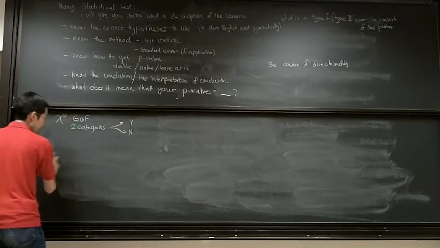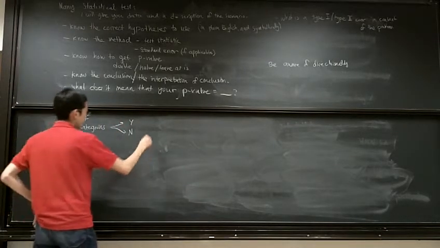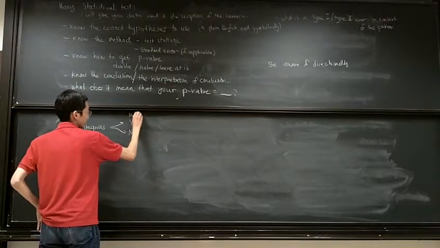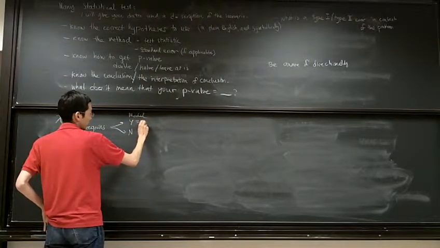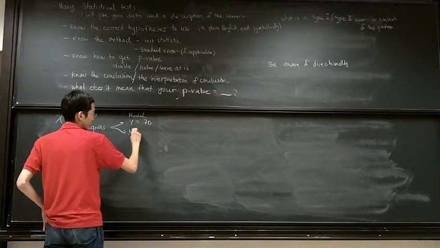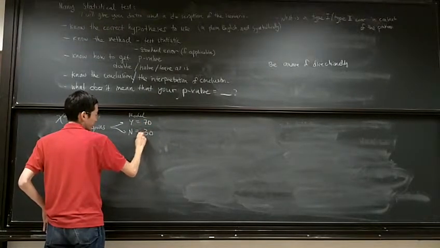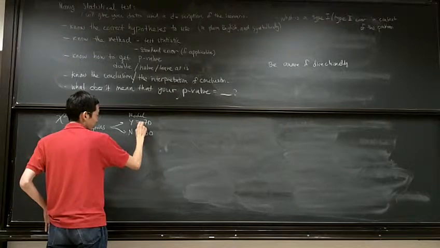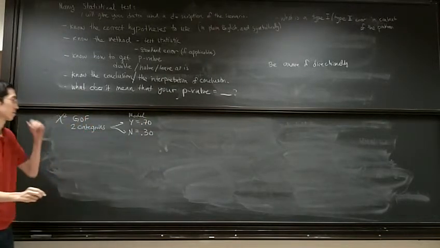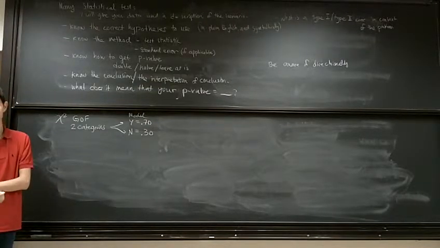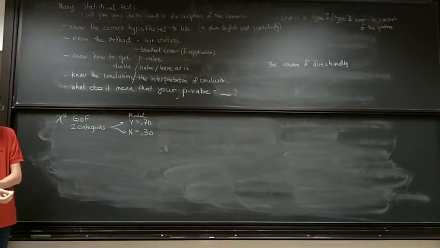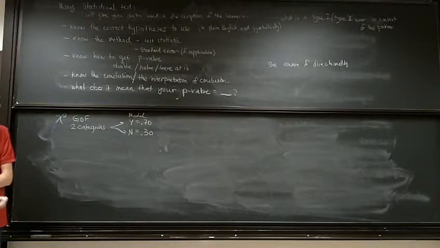So let's say your model says yes is 70% and no is 30%. This is your model. And somebody says, no, that model is wrong. I think you have too many yeses or too many no's, or whatever.